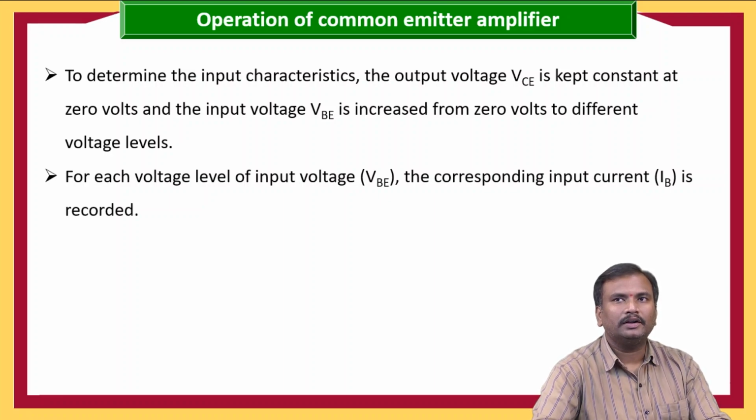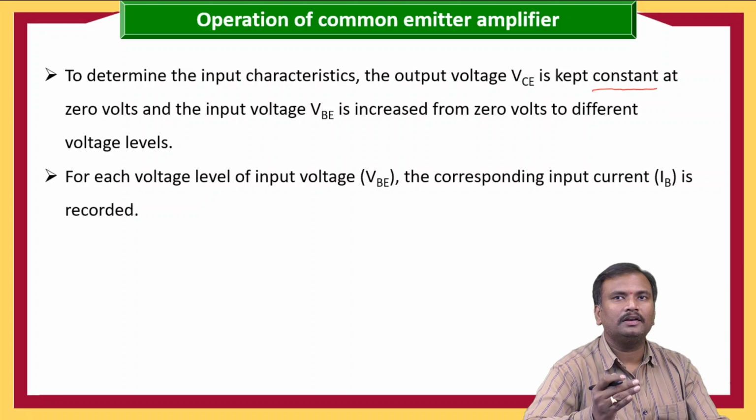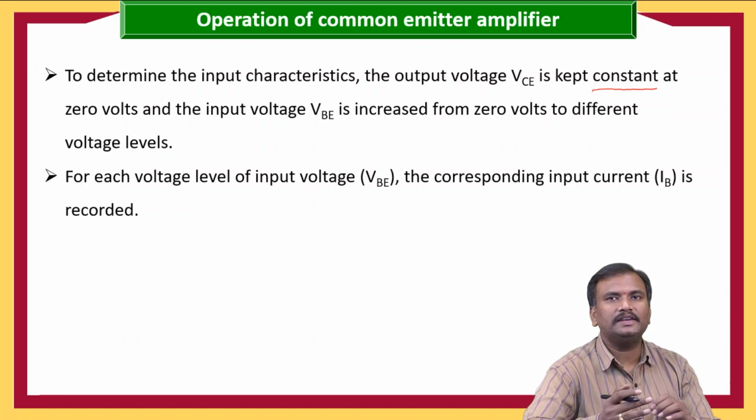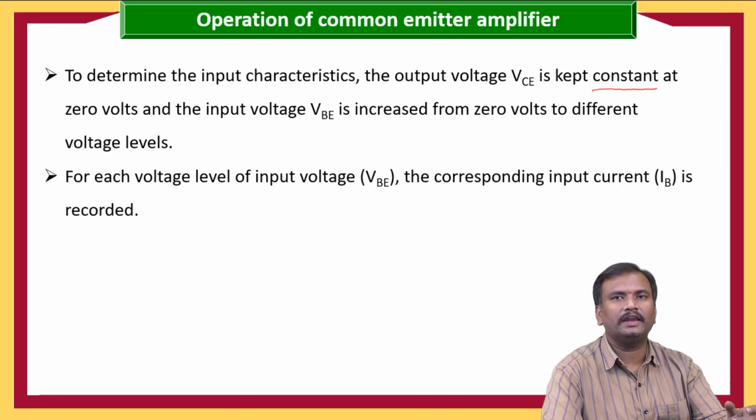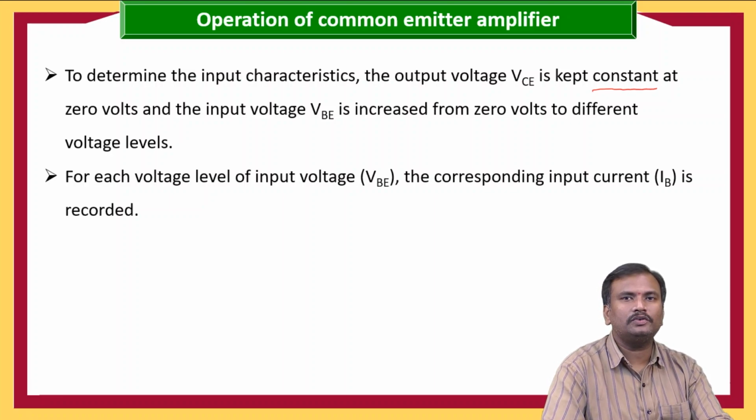Here the output voltage we need to keep at some constant value, at 0 volts, 1 volt, 2 volts, 3 volts. Like that we can change the VCE value. After keeping VCE constant, say at 0 volts or 1 volt, the input voltage VBE is increased from 0 volts to different voltage levels.